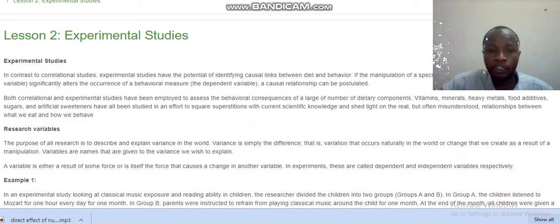Both correlational and experimental studies have been used to assess the behavioral consequences of a large number of dietary components.